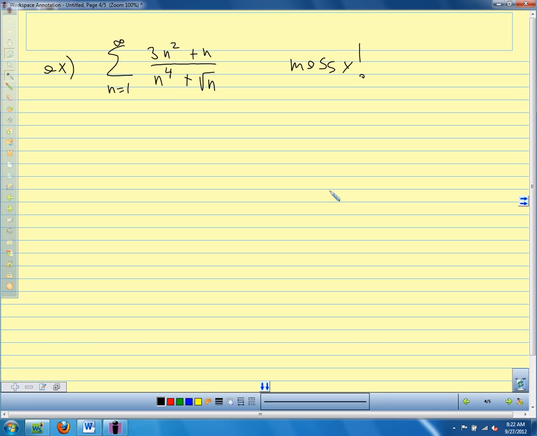So what I'm going to do is say that the highest power in the numerator is n squared. So we have n squared, and in the denominator is n to the fourth.